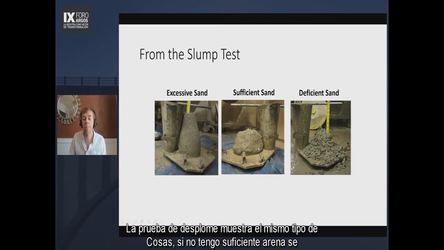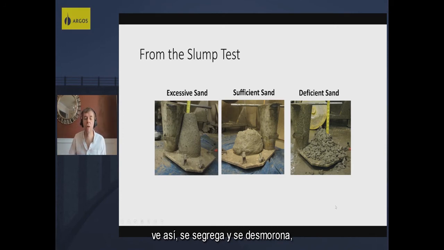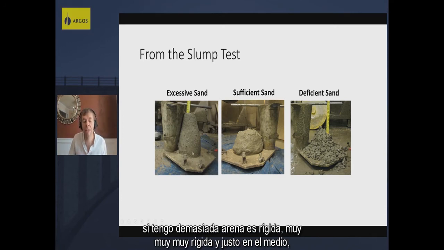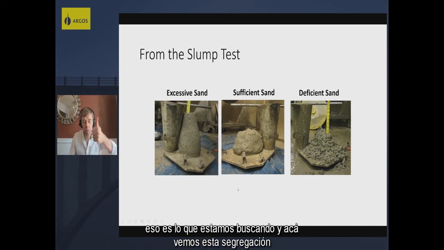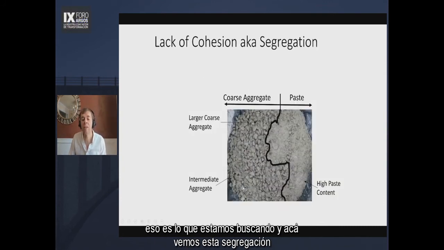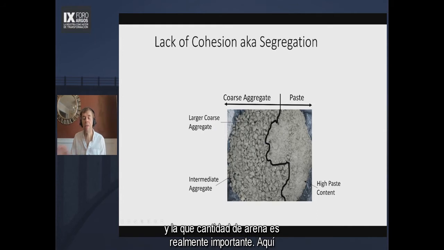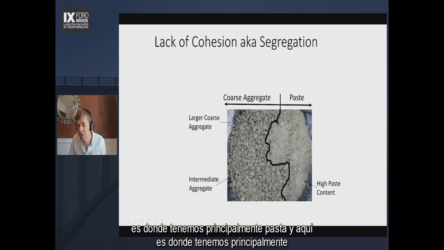And the slump shows you the same type of thing. If I don't have enough sand, it looks like this. It segregates and falls apart. If I have too much sand, it's stiff, very stiff. And right in the middle, that's what we're shooting for. And again, we see this segregation. And the amount of sand is really important in that. This is where we have mainly paste over here, and this is where we have mainly coarse aggregate.